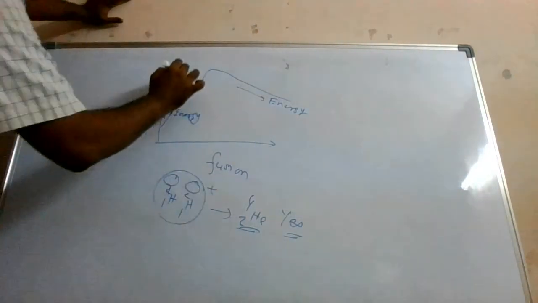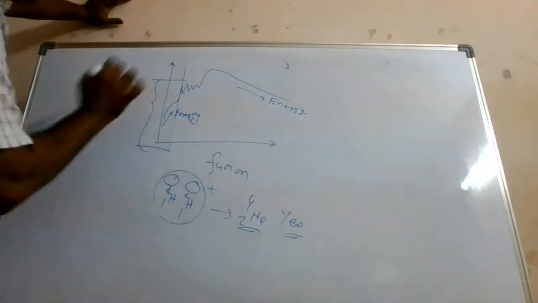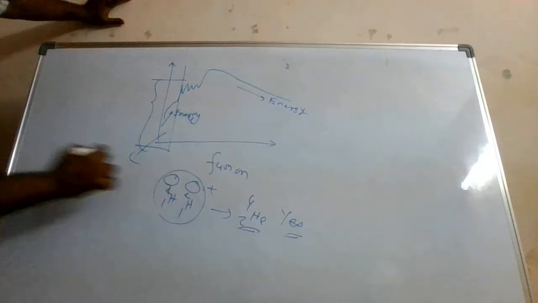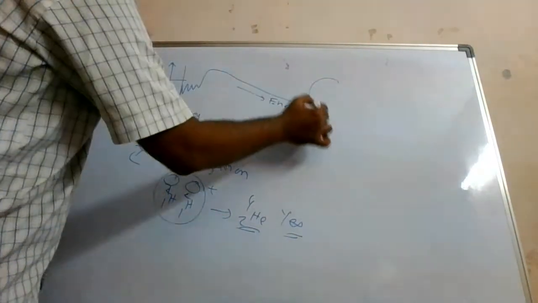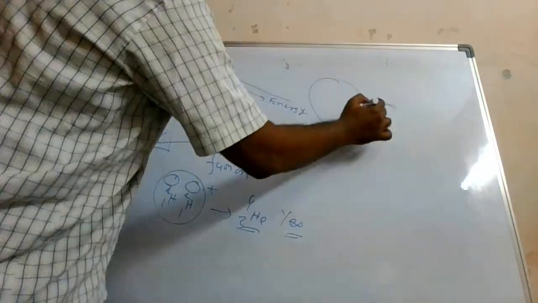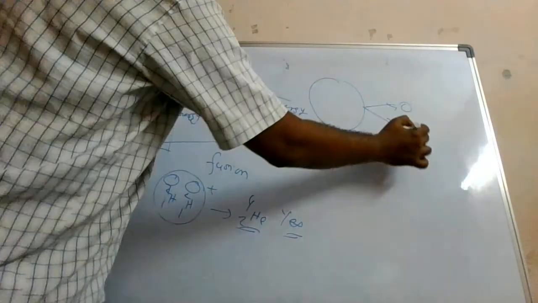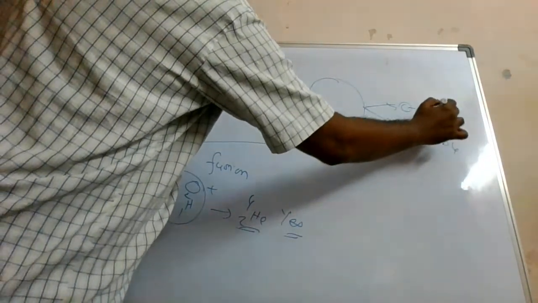So fusion is observed in this region. In this region you talk about the fusion concept. Here, what is happening is that the nucleus is already very big. This will try to break up into smaller ones. These are more stable.